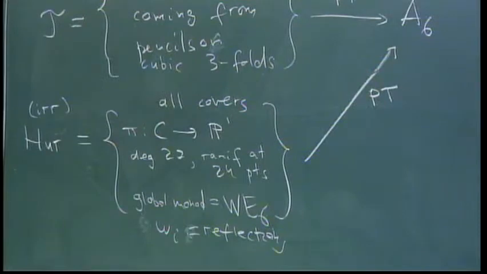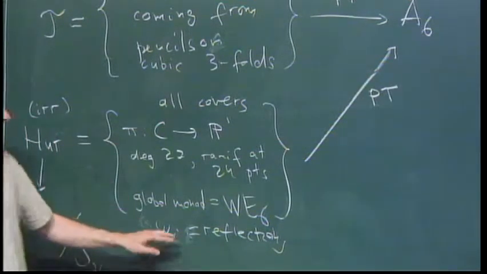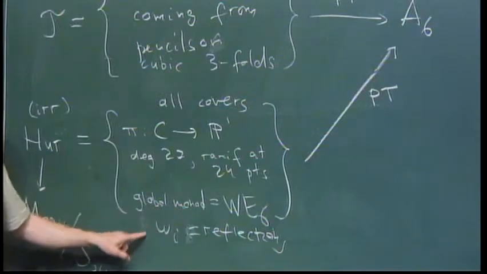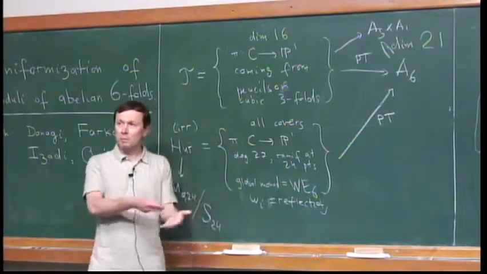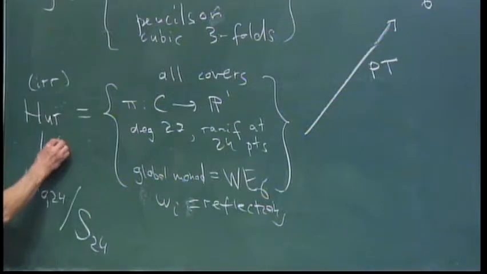Now, what about the dimension of this space? There is an obvious map here which goes to M_{0,24} mod S_24, forgetting the order. This map just forgets these local monodromy elements, but keeps the points. So on a P1, you have 24 points. Now that's obviously an étale map of finite degree.